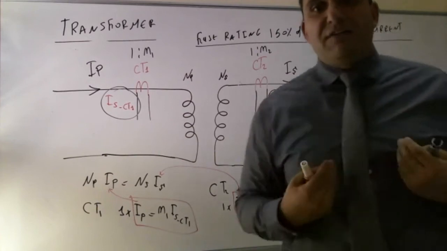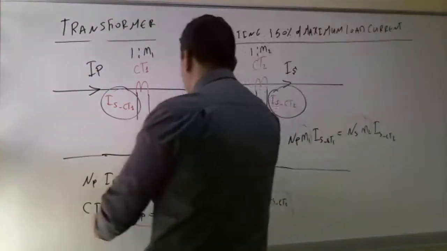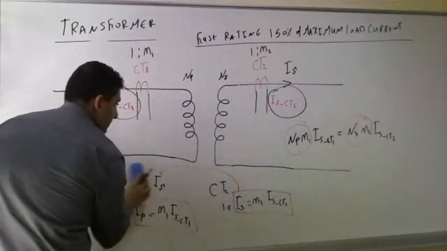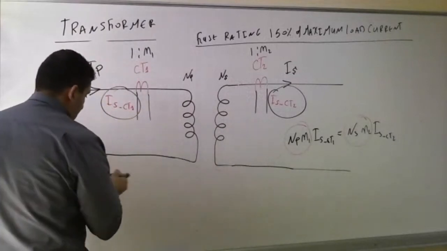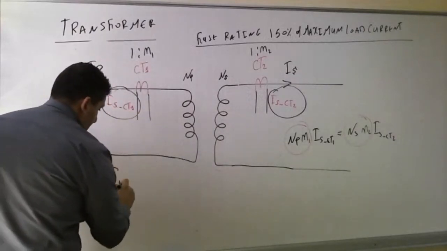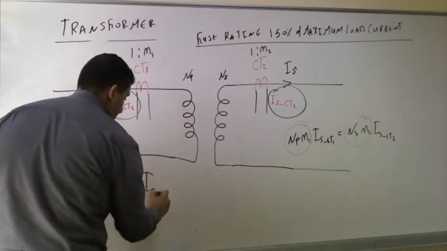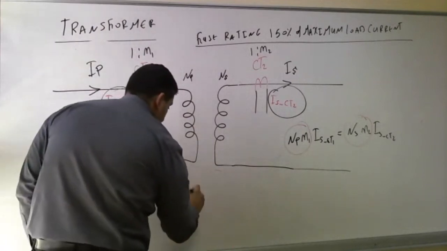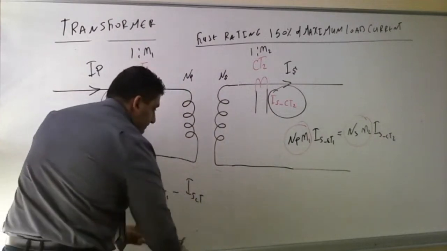Now, the I differential, I want to call it ID. So the differential current, ID, is equal to I secondary of CT1 minus I secondary of CT2.